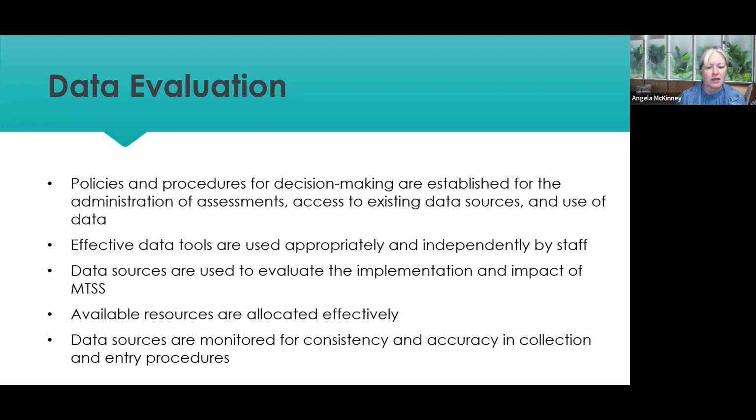But keeping a good eye on your data is critical for making this framework really effective. Which is why, again, we know the tiers, we can develop the interventions, we can do all those things, but the other domains are also really important for making sure this framework is as effective as possible within your district.